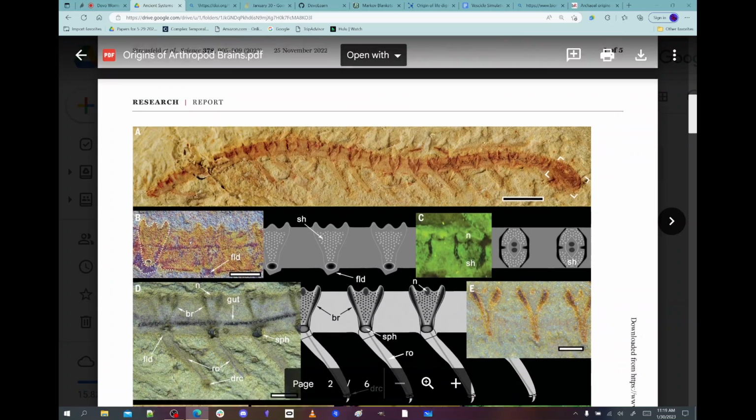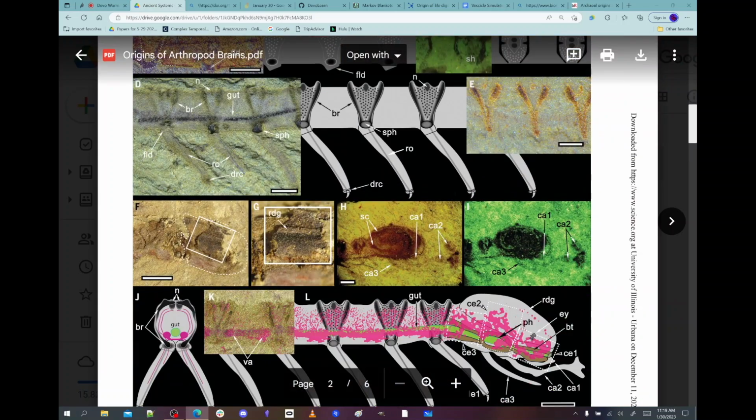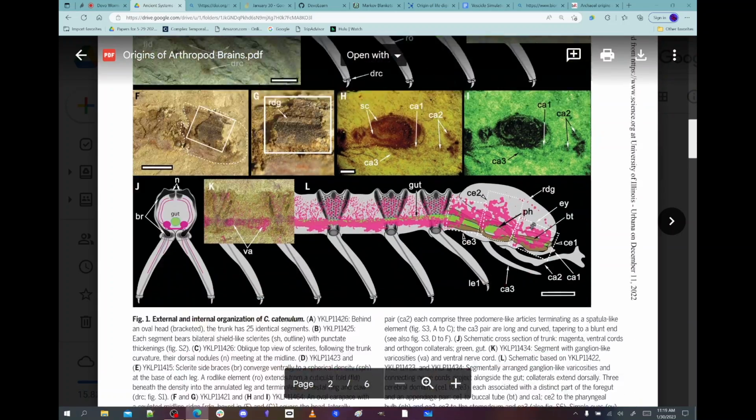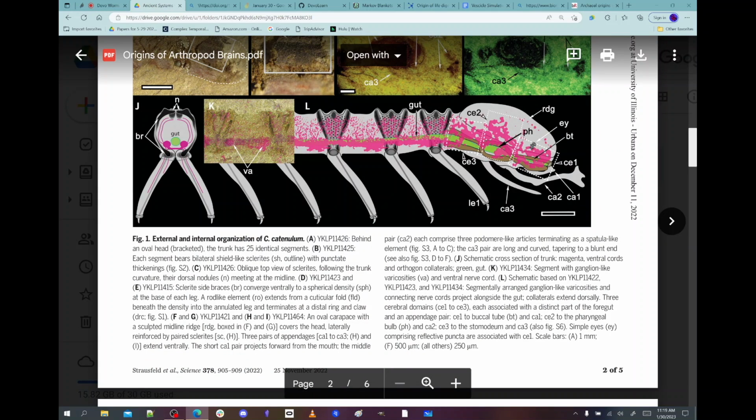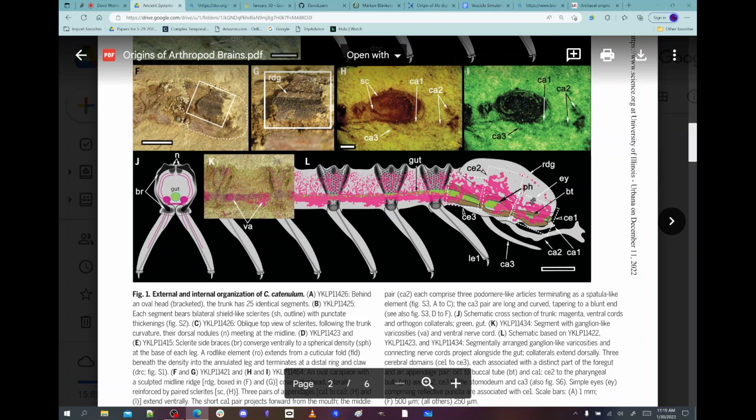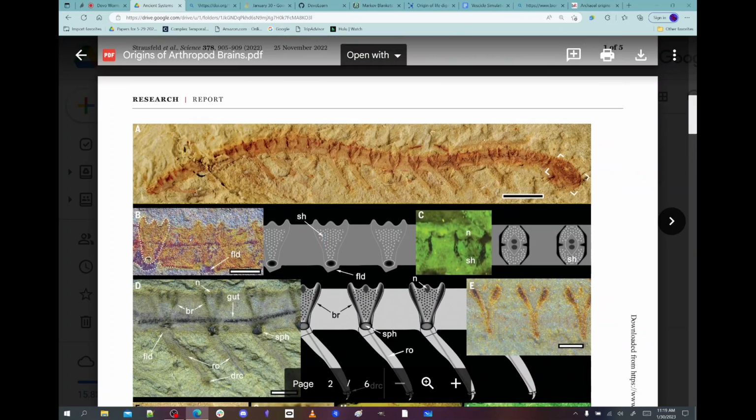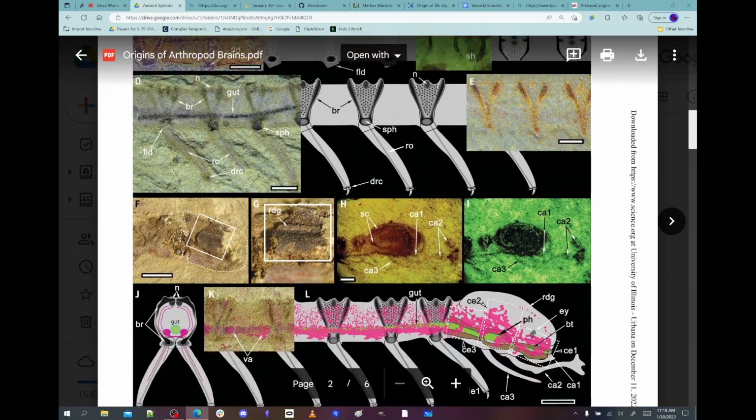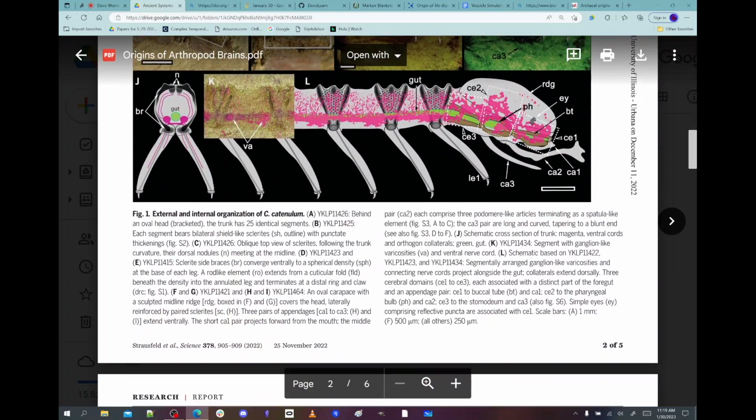You have these cells here in B, and you have these shield-like sclerites that are bilateral punctate thickenings. So this is something that defines each segment. And you have these legs that come out of the sclerite side braces.